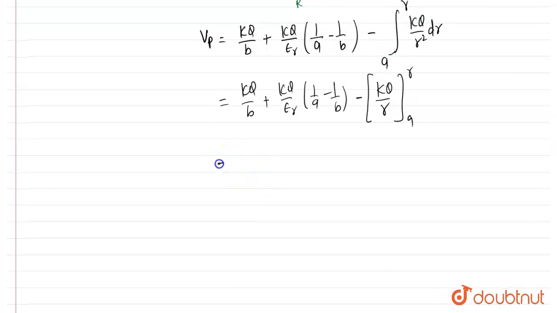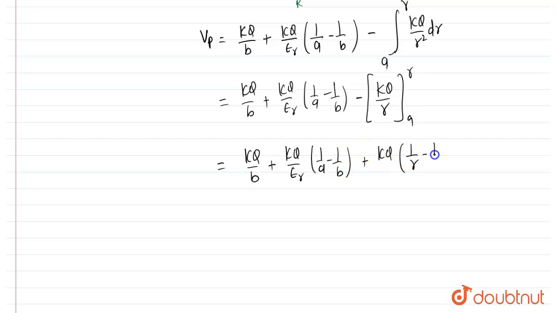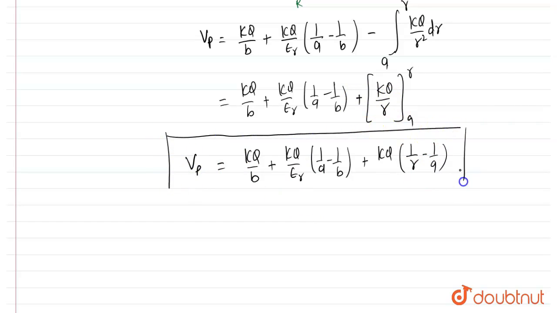So the final relation will be equal to kq upon b plus kq upon epsilon r times 1 upon a minus 1 upon b plus kq times 1 upon r minus 1 upon a. So that is the potential at point P when r is less than a.